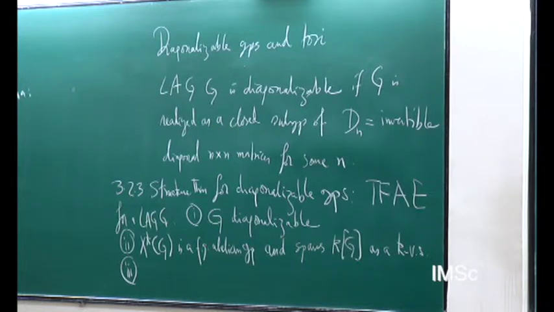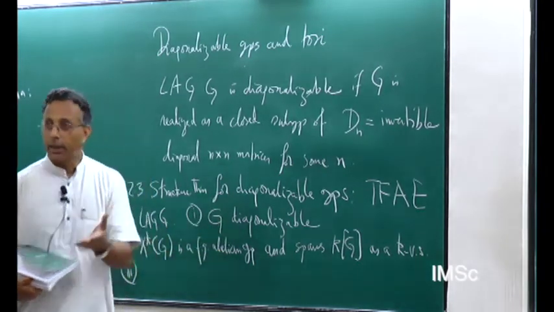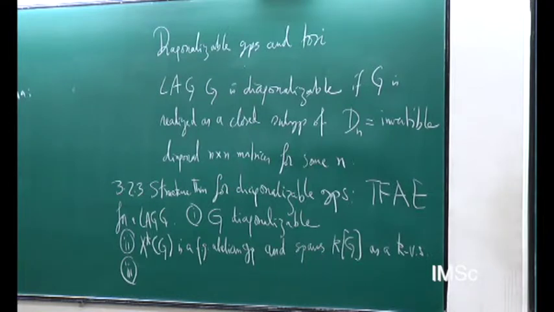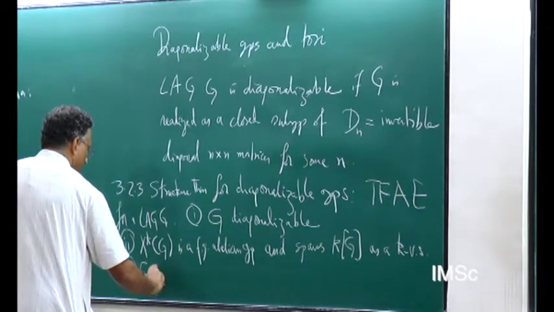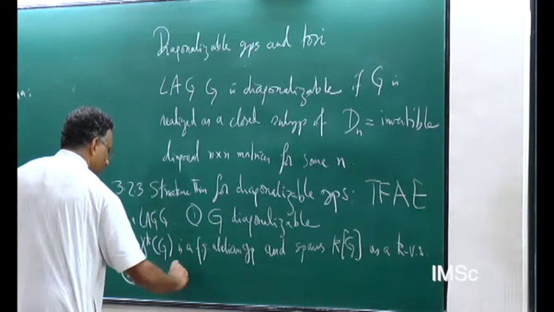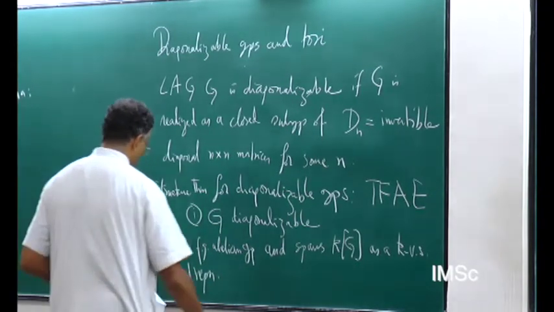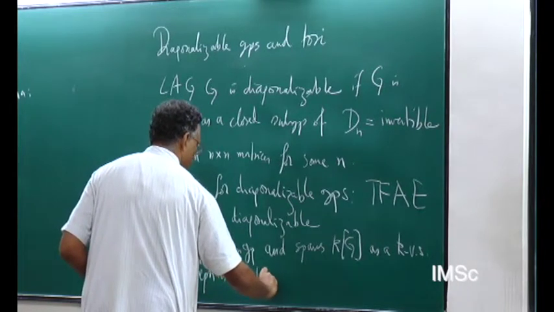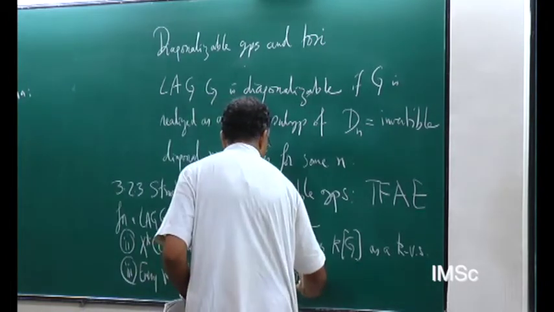It says that every rational representation is a direct sum of one-dimensional representations.